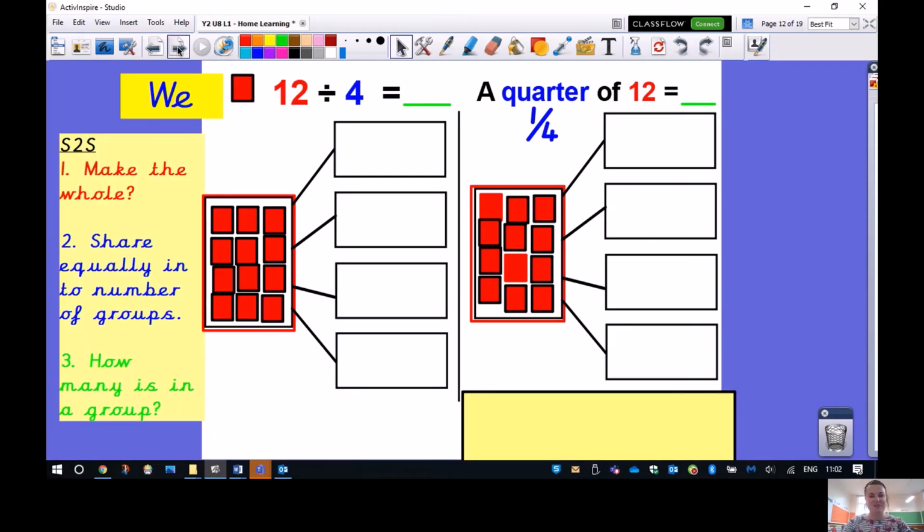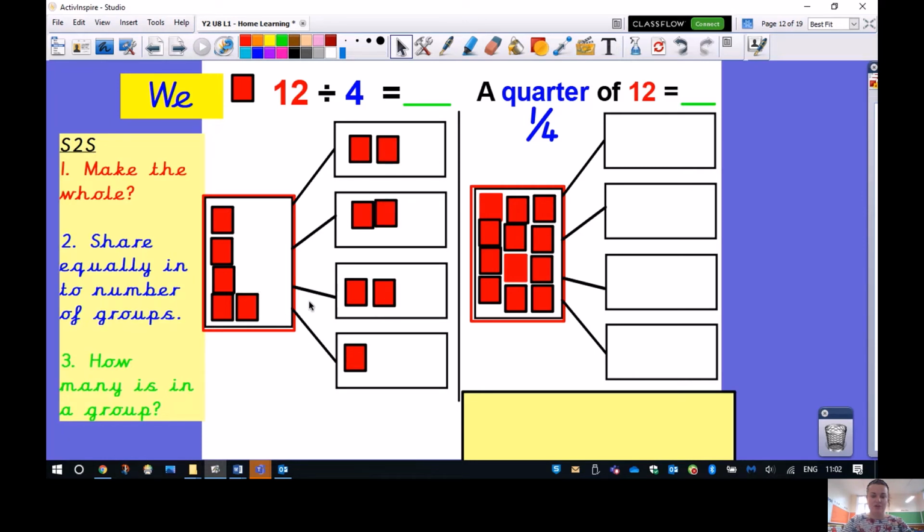So if you can find a quarter of 4, you can also find a quarter of 12. I've already made the whole to save some time. So step 1, make the whole. I've already done that. Share equally into the number of groups. How many groups do I have? 4. 1, 1, 1, 1, 2, 2, 2, 2, 3, 3, 3, 3.